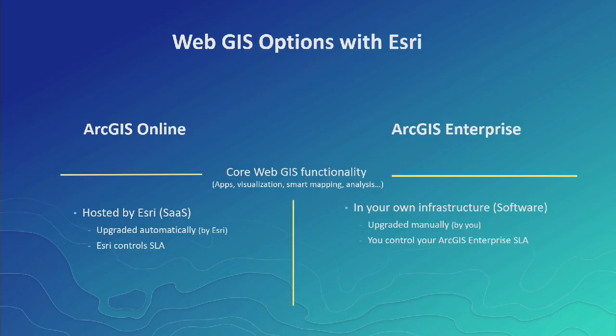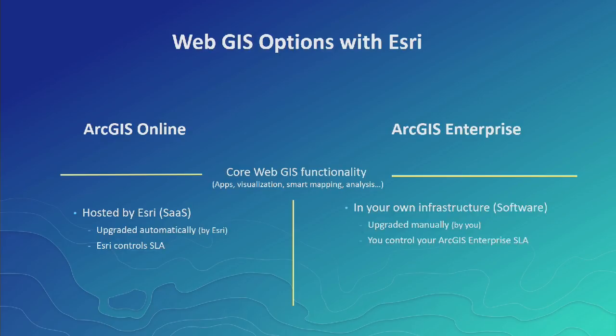Now with ArcGIS Enterprise, this is the option if you want to get that same experience but inside of your own infrastructure, just software. So if you're using that, you have to be mindful because you're the one in charge of doing all of the upgrades manually, and you control your licensing and can distribute licenses as you need. So ArcGIS Enterprise, even though it's in your own infrastructure, can be installed on physical machines, virtual machines, or on cloud environments like Microsoft Azure or Amazon Web Services.